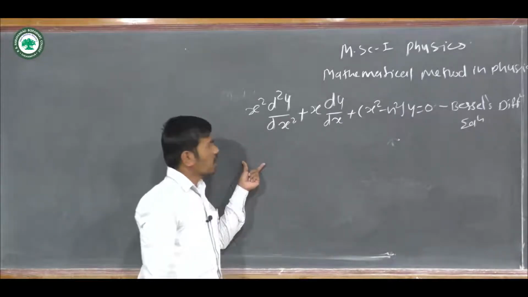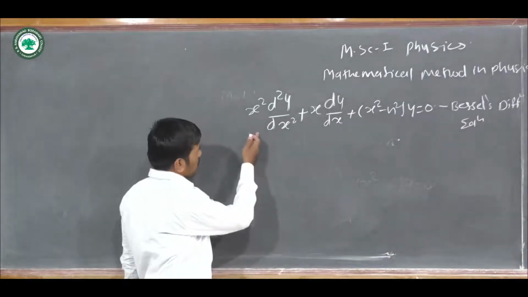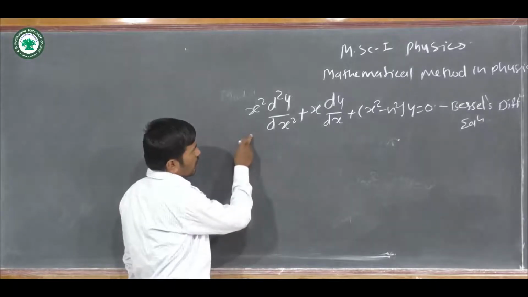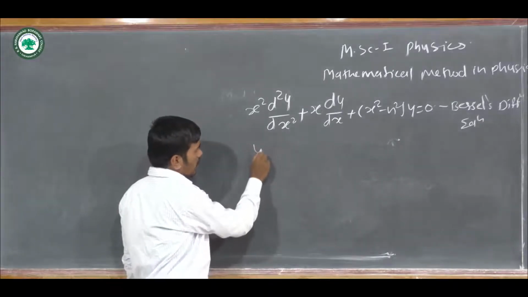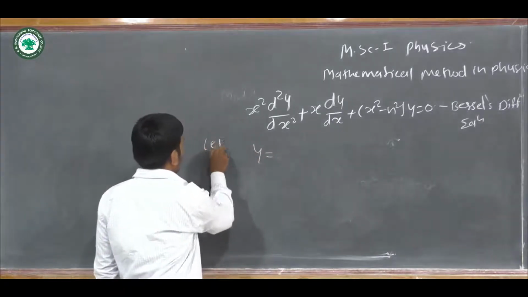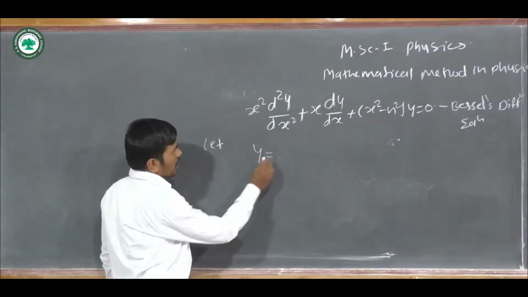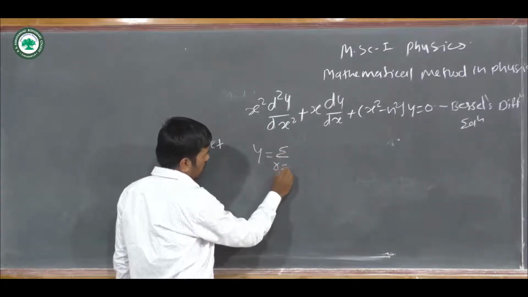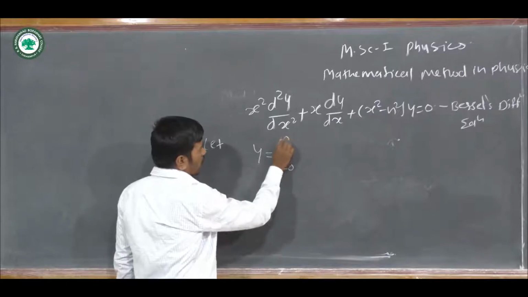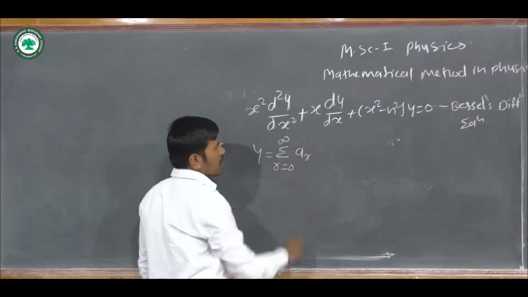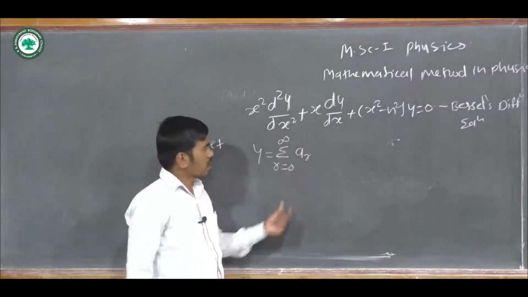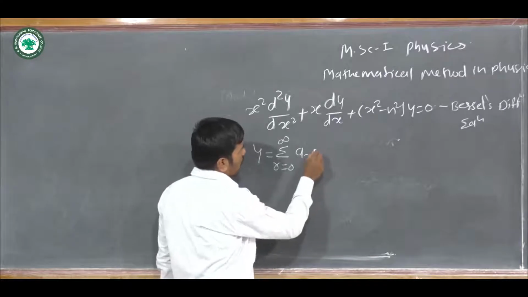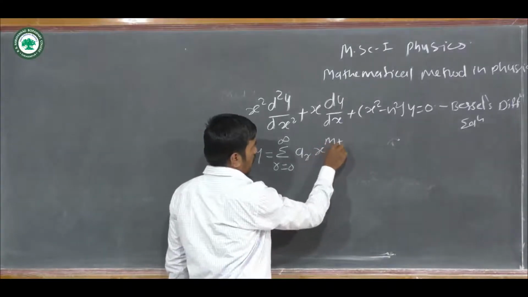Here we are going to assume a series solution of this Bessel differential equation, that is y is equal to summation r equal to 0 to infinity of a_r, where the a_r are arbitrary constants, multiplied by x power m plus r.